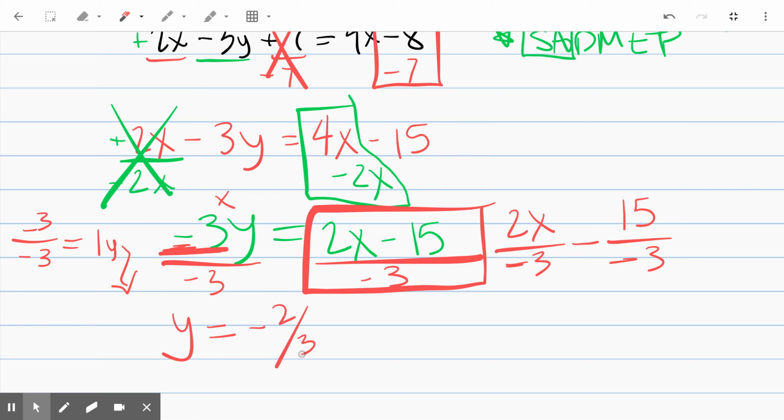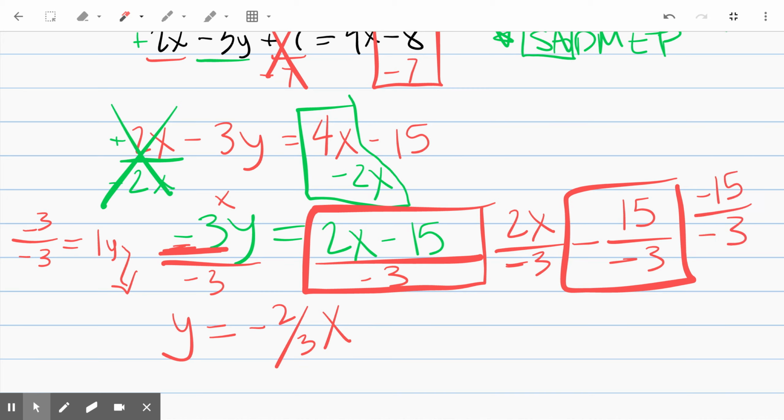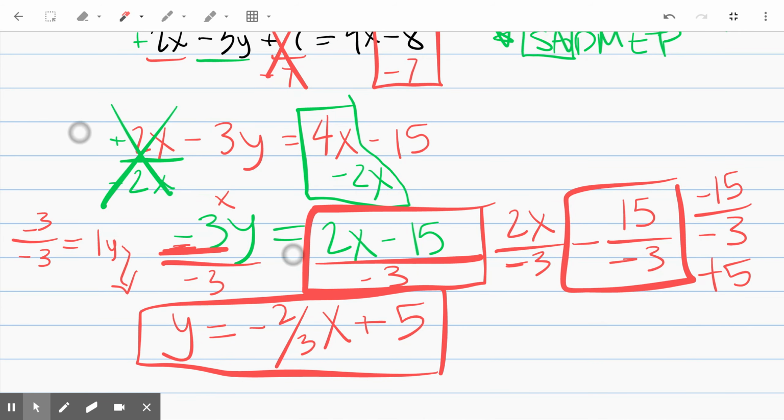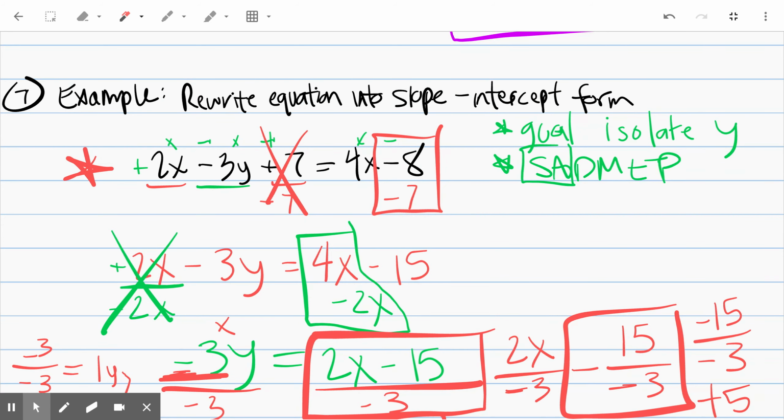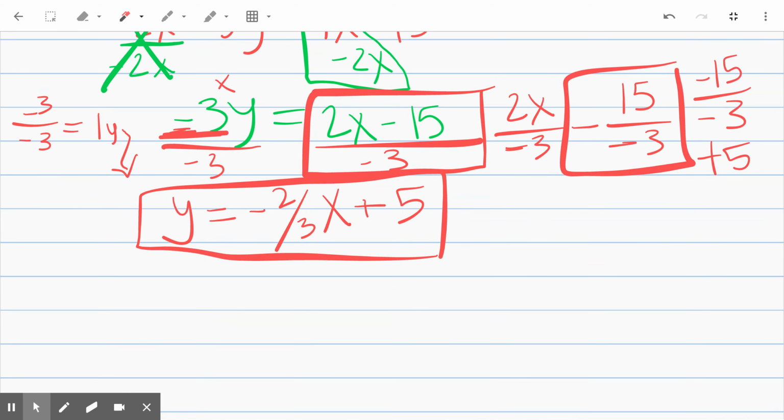Negative 2/3 x. And here, just to point this out, we have a negative 15 divided by negative 3. So keep those negatives, you guys. A negative divided by a negative is going to equal a positive 5. Okay, so on our equation, we would have plus 5. So we went from this hairy mess to this not so hairy mess.